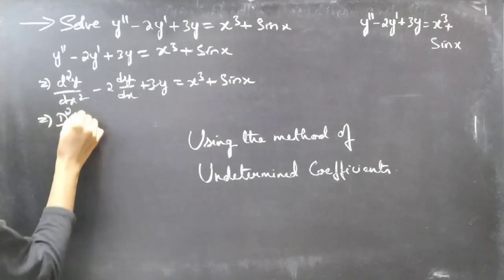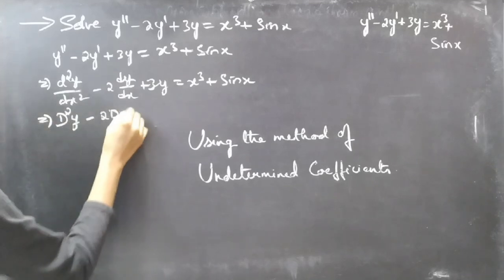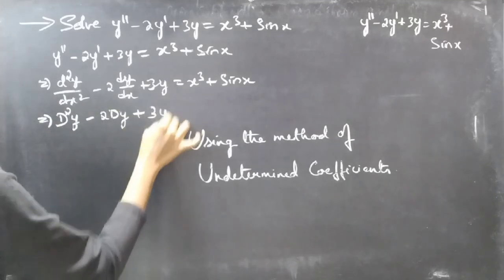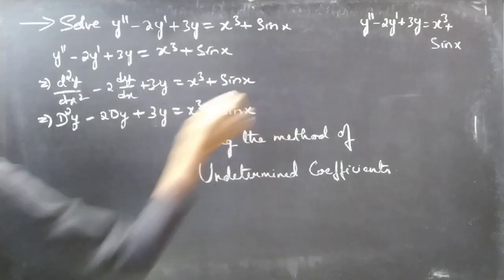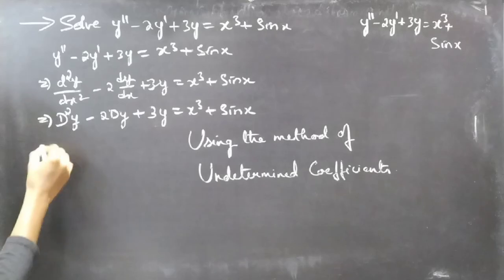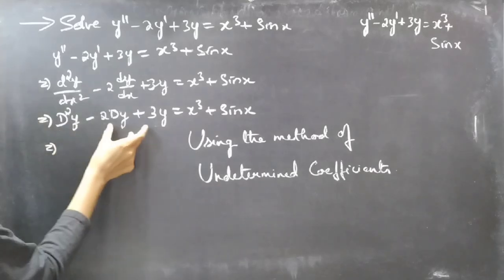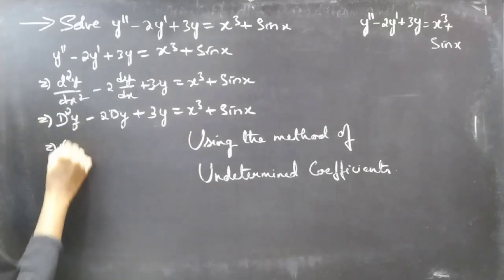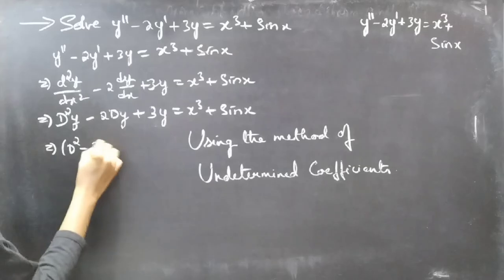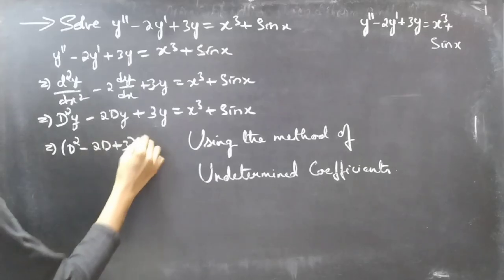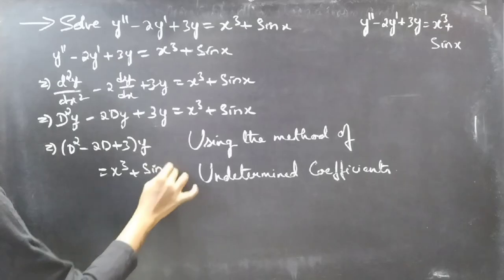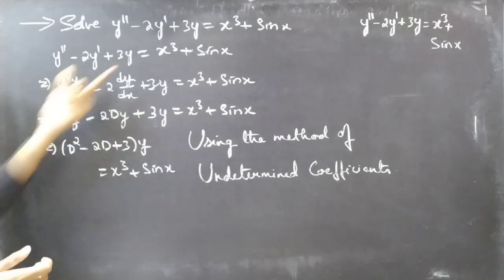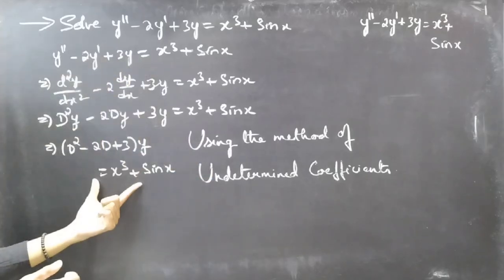We'll get D square y minus 2Dy plus 3y equal to x cube plus sin x. Right? Fine. Let's take y common from all the three terms of LHS. We'll get D square minus 2D plus 3 into y equal to x cube plus sin x, which is in operator form. So we have written the given differential equation in operator form.